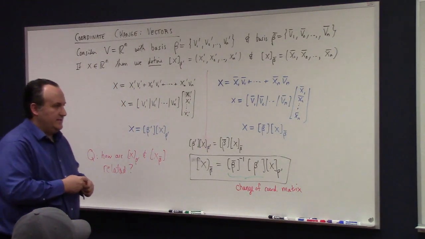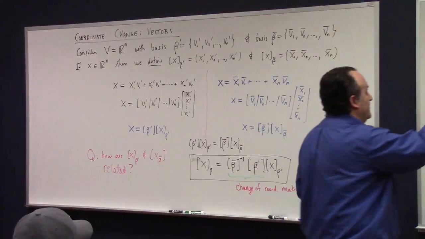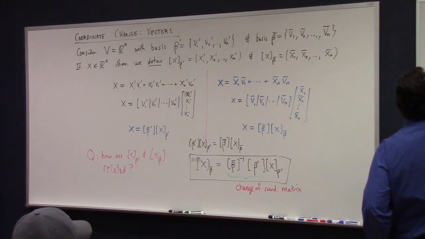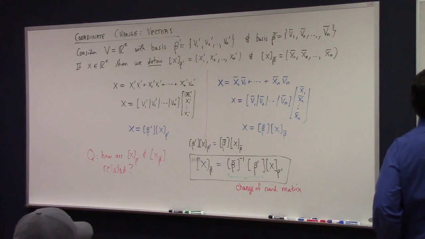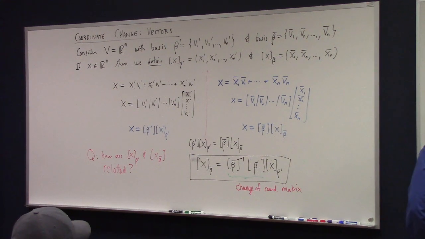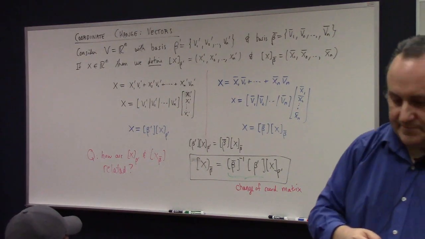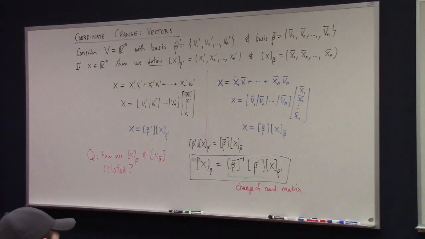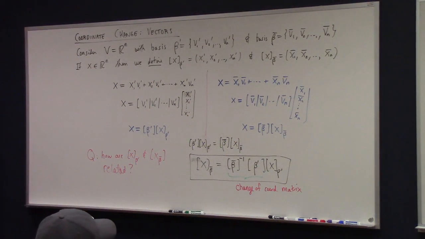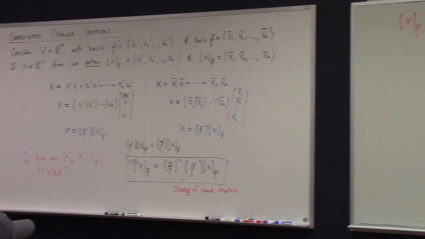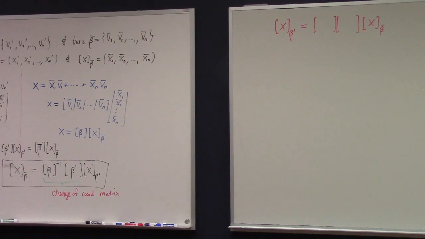What would the relation be if we were going, say, from beta prime? If I wanted to start with the barred coordinates and go to the other one, what's the formula there? A little different, right?